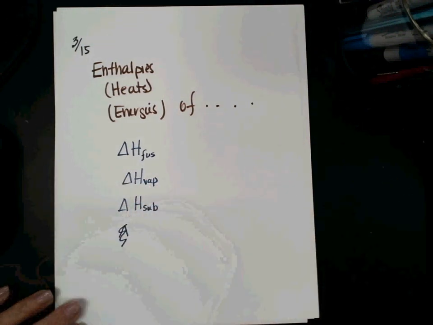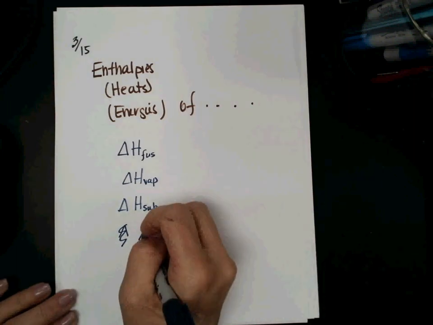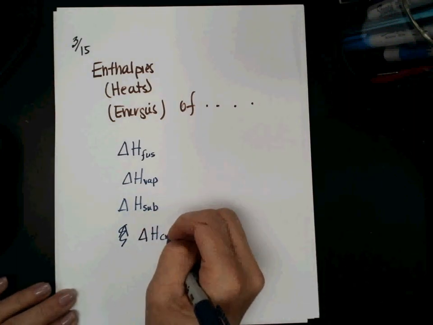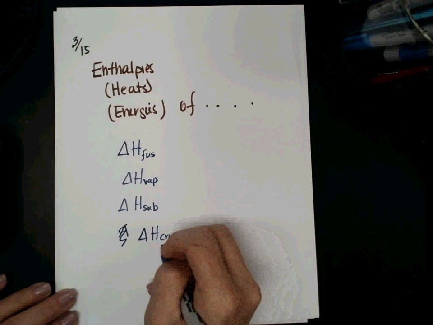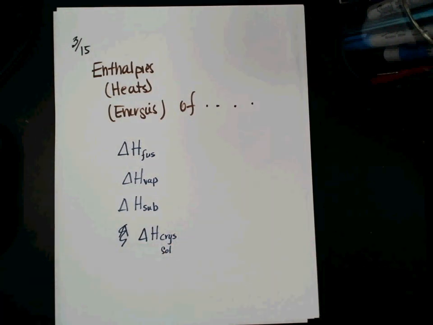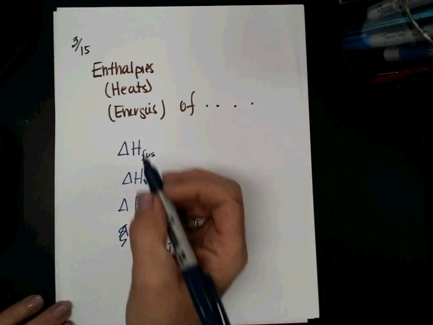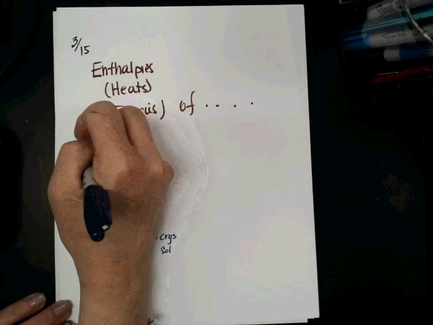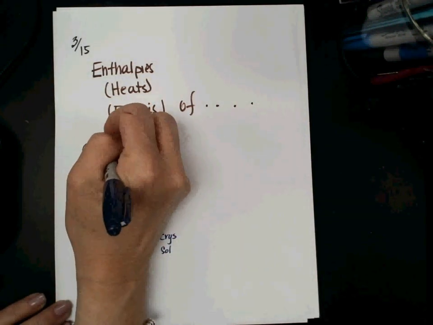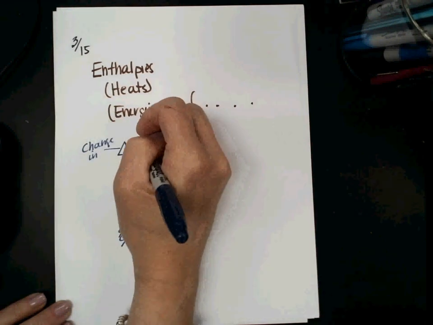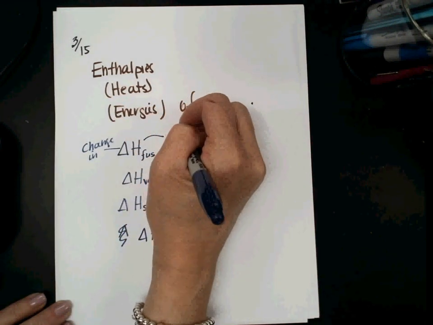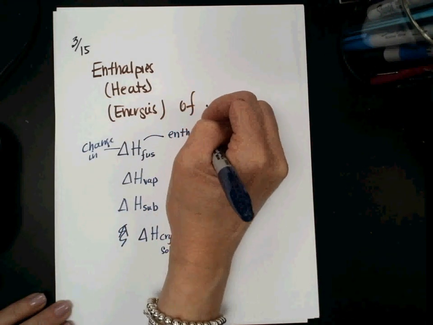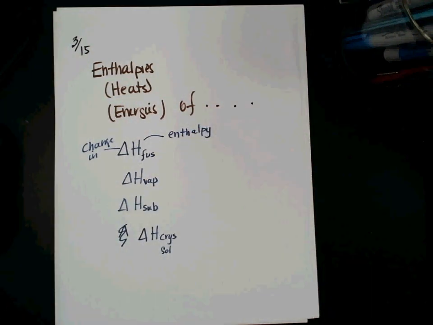I could do delta H of crystallization, or sometimes you'll just see SOL for solidification. This delta we know means change in, let's talk about this as being change in enthalpy. When we talk thermodynamics, that's most often what we would call it.